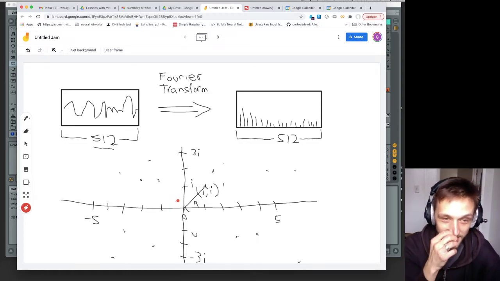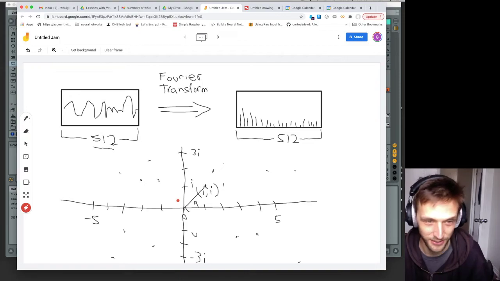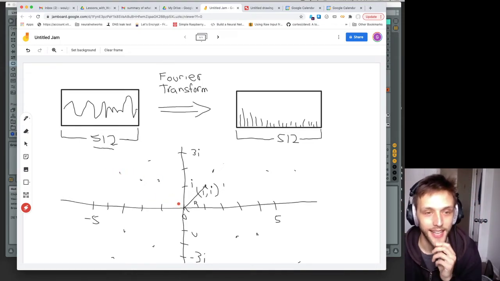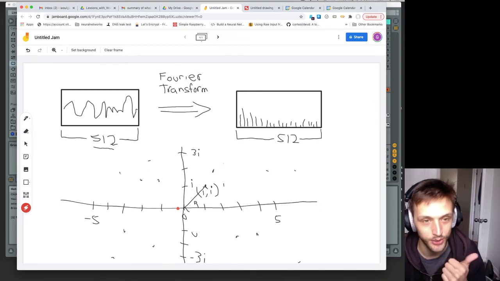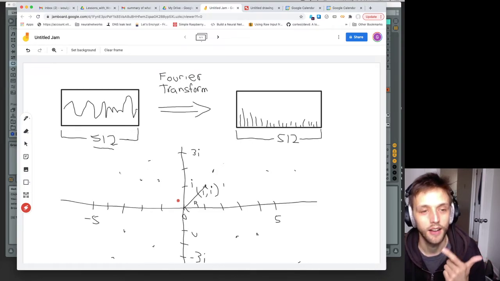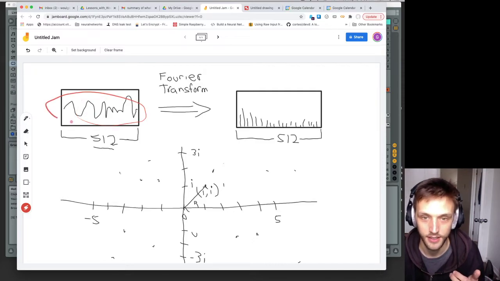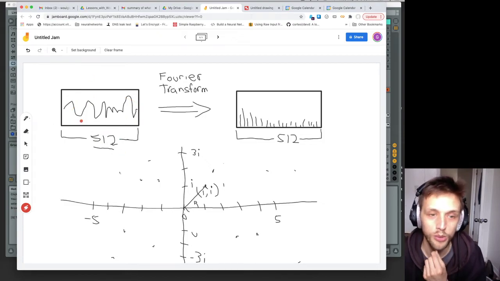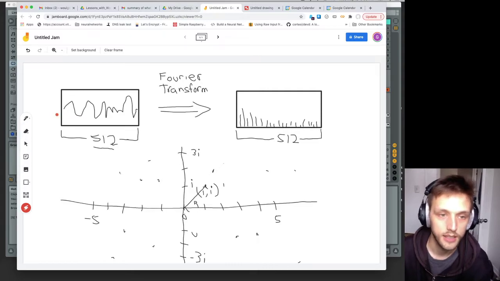And the cool thing about that is, and I hope you're still with me because this is where it gets fun, each one of those refers to the amplitude and phase of a component sine wave of this thing.